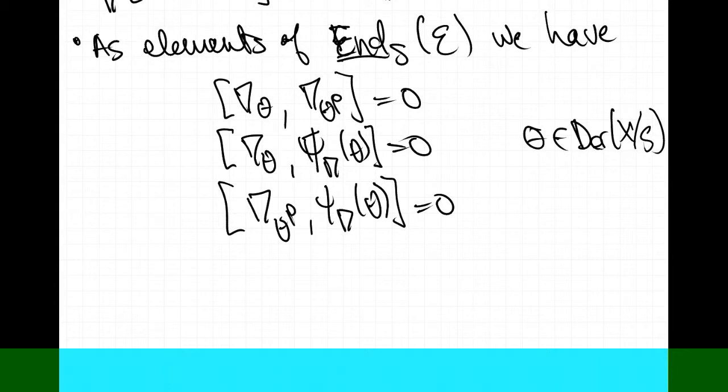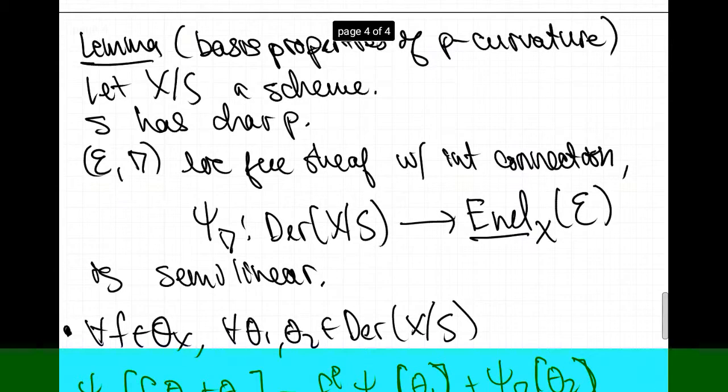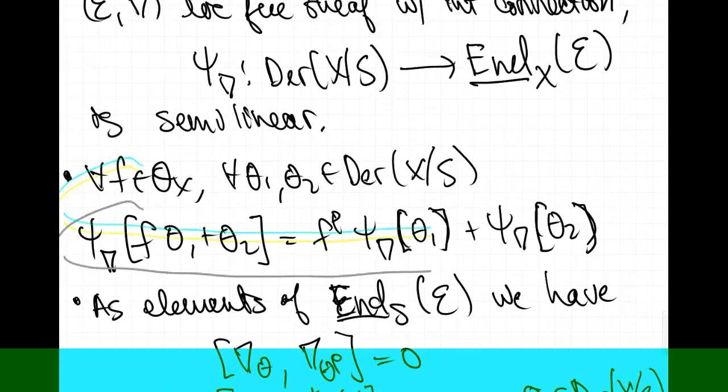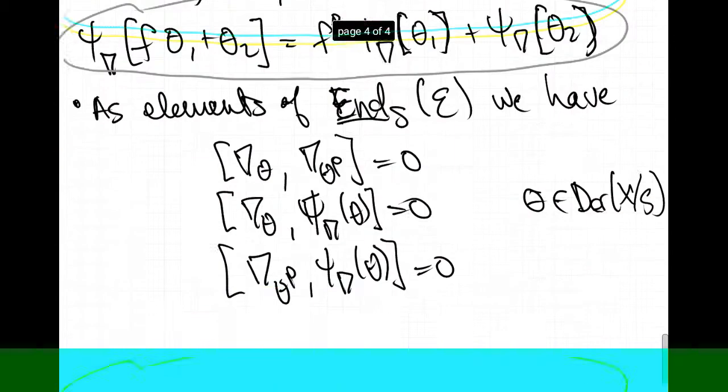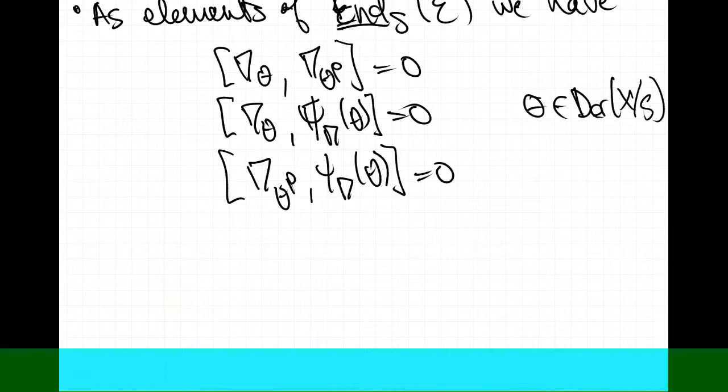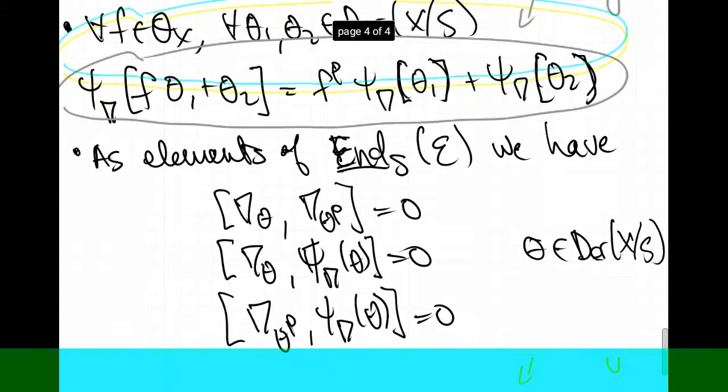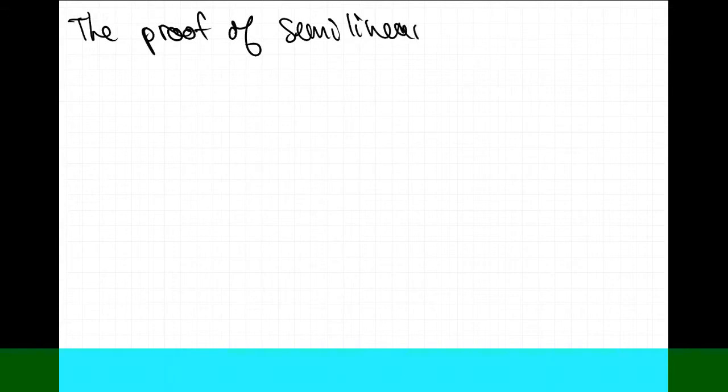Okay, so to prove this is kind of tricky. Proving this is trickier than you'd think. Let me explain how this works. To prove it, you need two lemmas. So the proof of the semilinearity needs two lemmas.